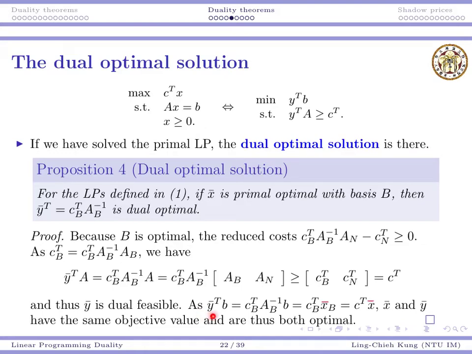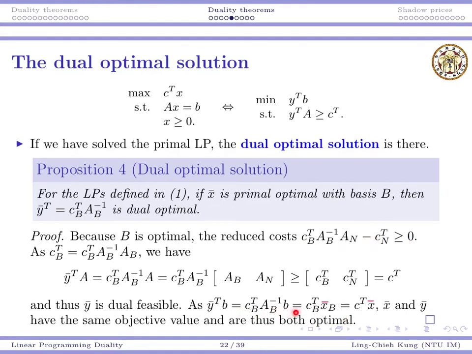Y bar transpose B is this one, because Y bar transpose is CB transpose AB inverse, and certainly we are familiar with this, right? This is nothing but the primal objective value. So Y bar is feasible, they have the same objective value, and then they are both optimal.